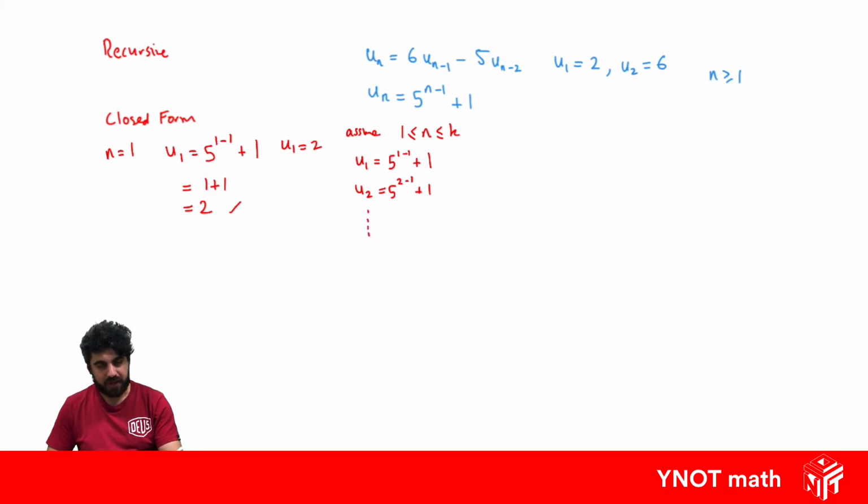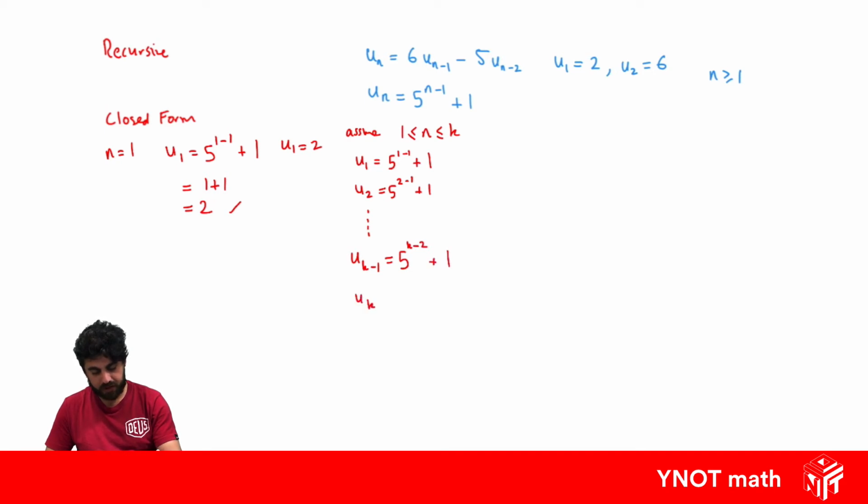Now we usually jump ahead here and write the kth term, but we're going to write the one before it. So we're going to write u_(k-1). That's going to be 5^((k-1)-1) plus 1. So we're going to get 5^(k-2) plus 1.